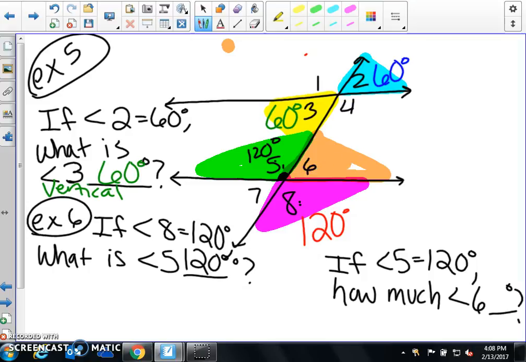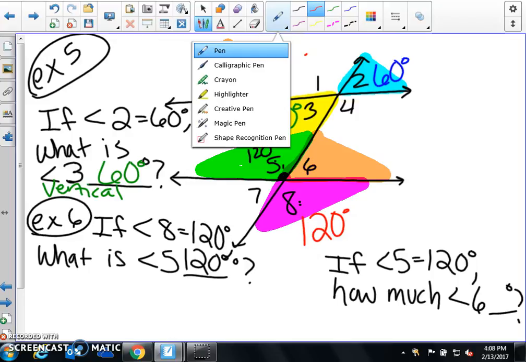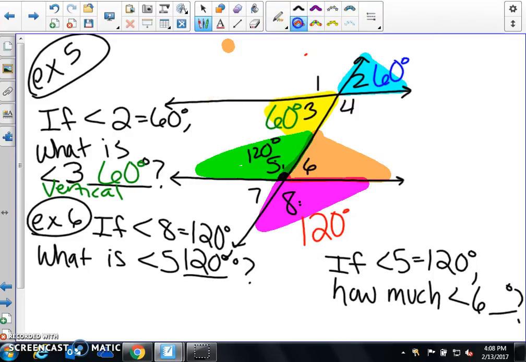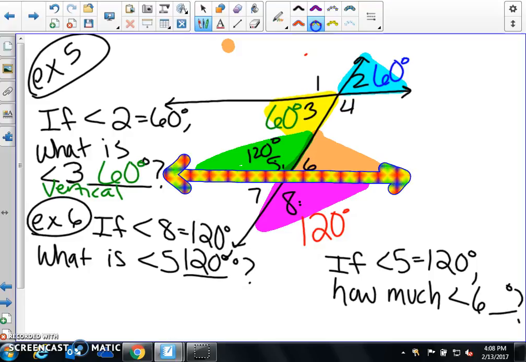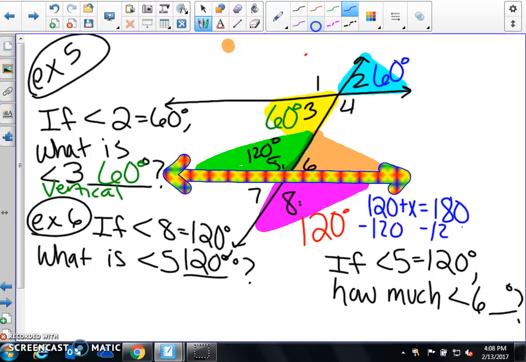So 5 is in green, 6 is in orange. And if I look at them together, they're on this straight line. 5 and 6 are on a straight line. Therefore, they are supplementary, which means 180 together, right? So if I know that angle 5 is 120, I've got to add the unknown x and just solve it by subtracting 120 over. Therefore, x equals 60 degrees. All right, that's it.